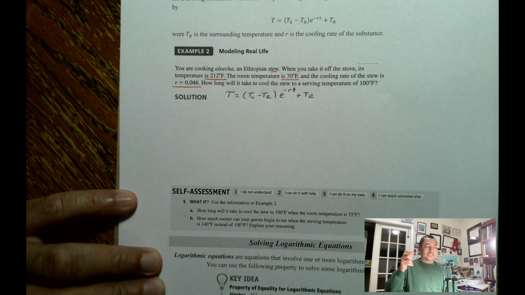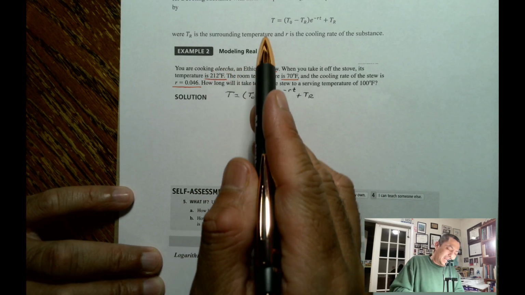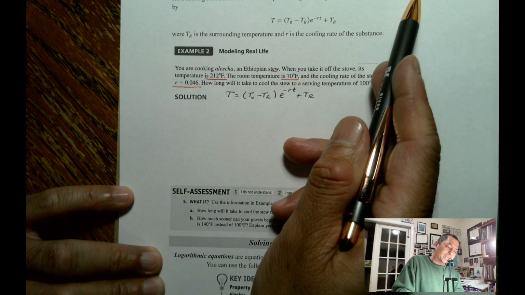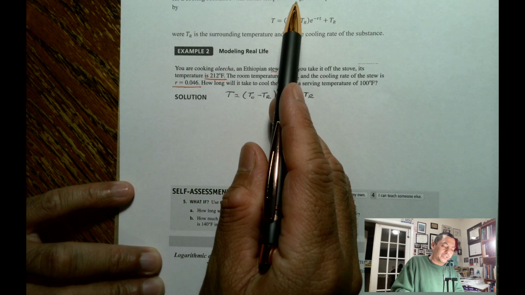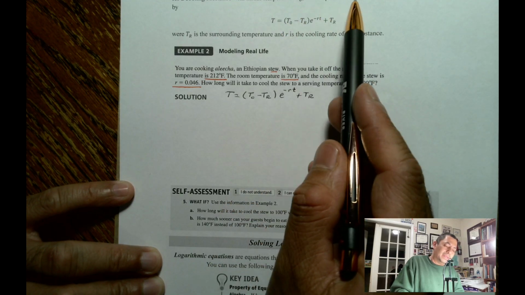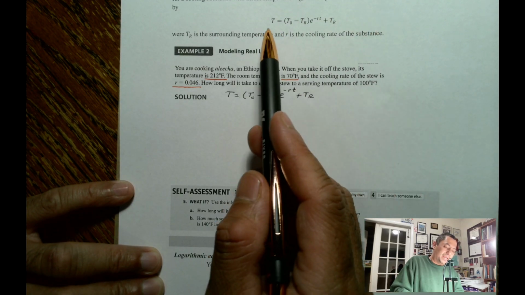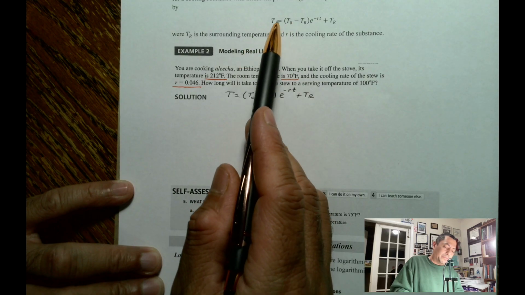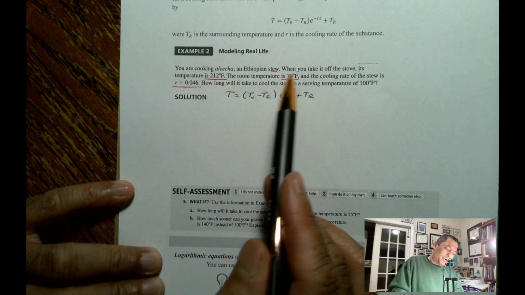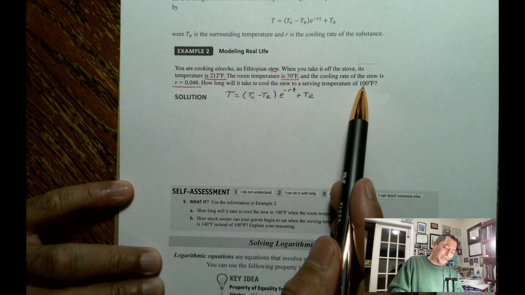I'm going to start replacing the variables. Remember that this law states that for a cooling substance we have the initial temperature, then the temperature T after t minutes, and then the surrounding temperature. So in this case, the 100 degrees is the serving temperature.